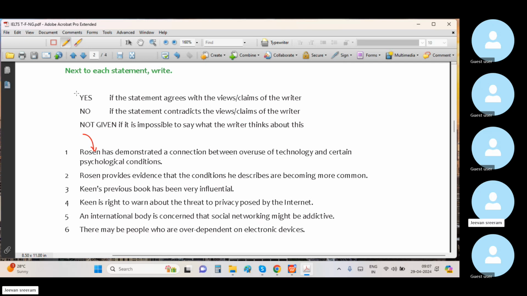So if you really want to go with yes, what do you have to find in the passage? Some supporting information, supporting text, somehow similar information, paraphrasing.